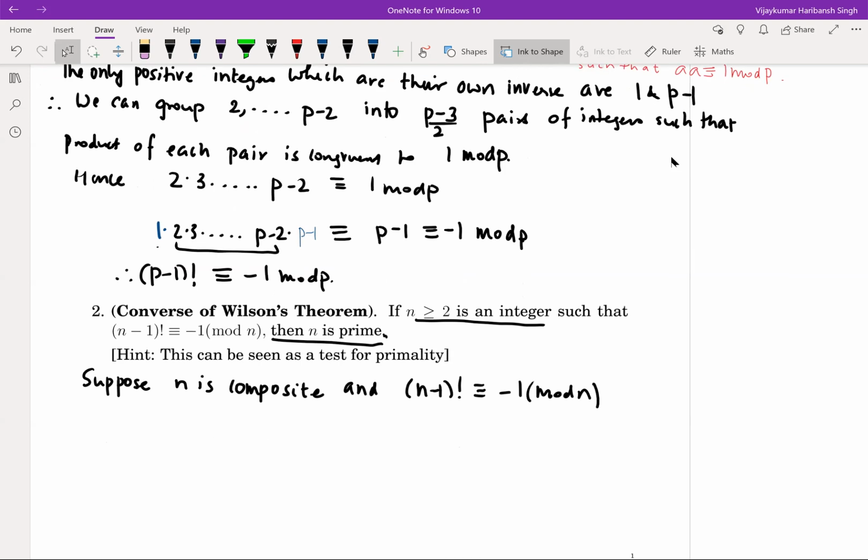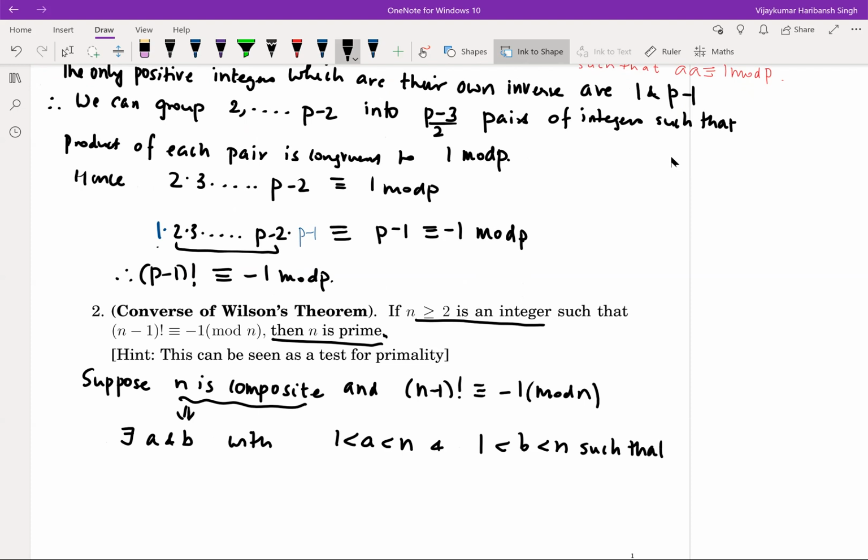Since n is composite, this implies there exist a and b, both positive, with a strictly less than n and b strictly less than n, both greater than 1, such that n equals ab.